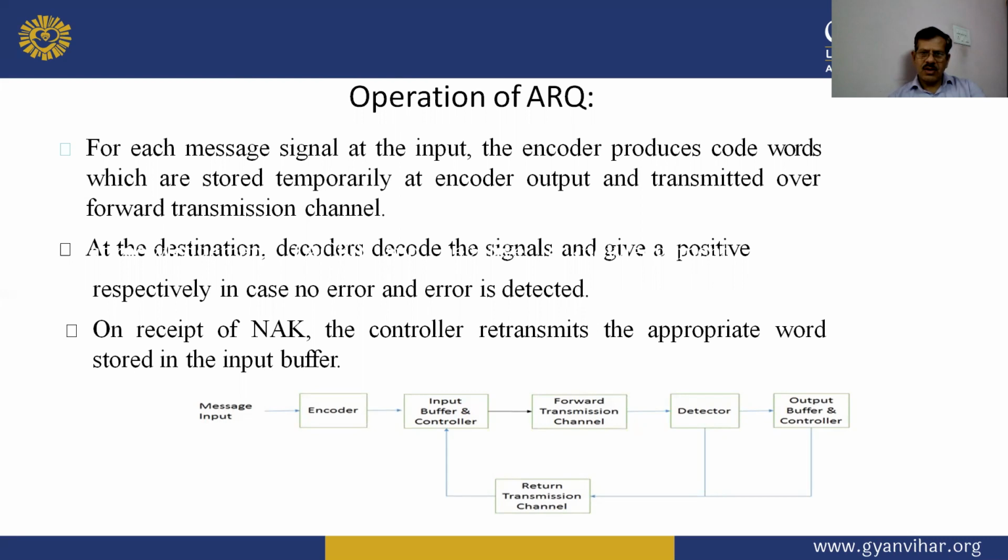After the forward transmission channel, the signal is applied to the detector, and after detecting the signal, it is applied to the output buffer and controller. So this is the operation of ARQ.